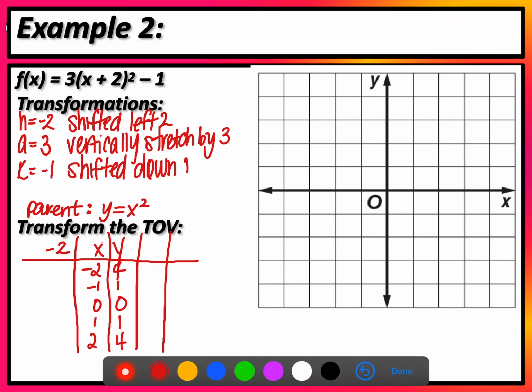So H is a horizontal transformation that affects the x, and the other two, A and K, those are vertical. Remember, I said anything on the outside of the parentheses is vertical. And we're doing inside, front, back. So the order matters. So if we do the front first, we first want to multiply by 3, and then we want to subtract 1.